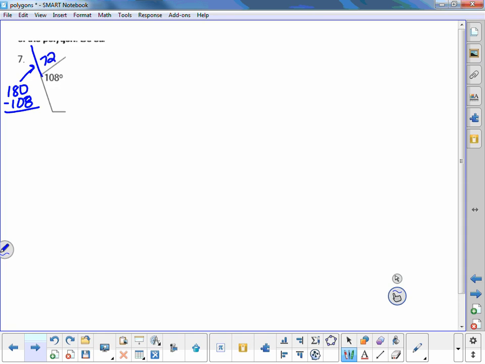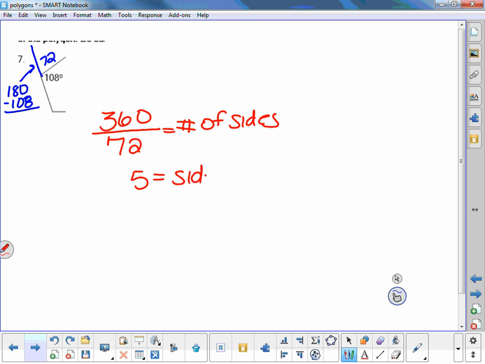Everybody with me? We know all the exterior angles add up to 360. So if I take 360 and divide it by 72, it's going to tell me the number of sides. So 360 divided by 72 is 5. So this one has 5 sides.